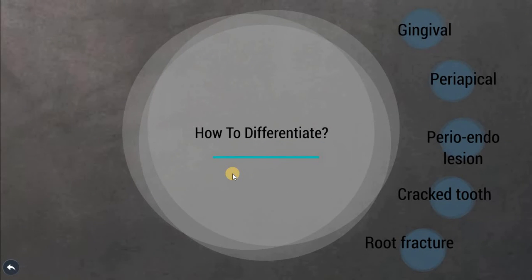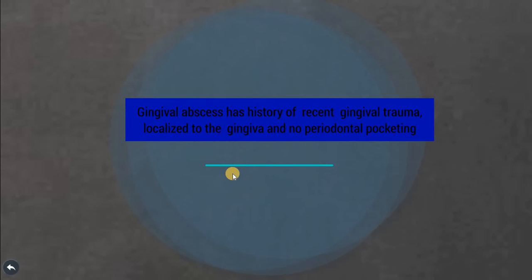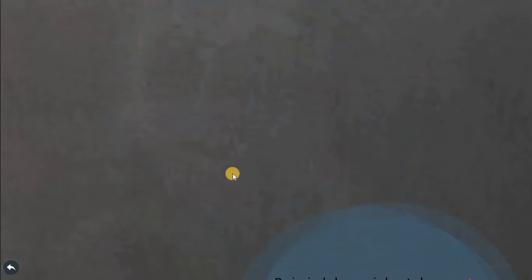Going through differentiation, how to differentiate different types of conditions that are similar to periodontal abscess. For example, in the gingival abscess, the abscess is confined to the gingival margin and interdental papilla without the presence of a periodontal pocket.